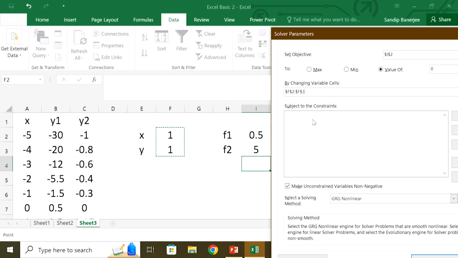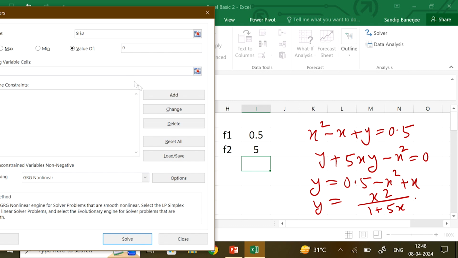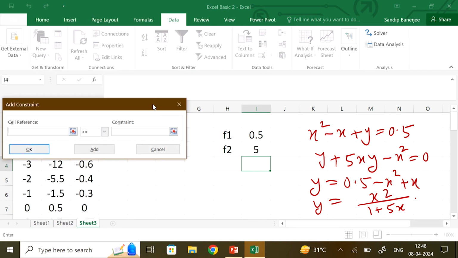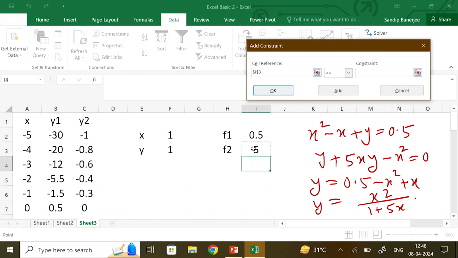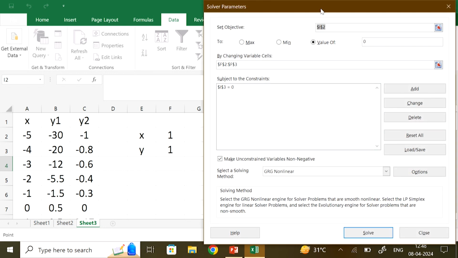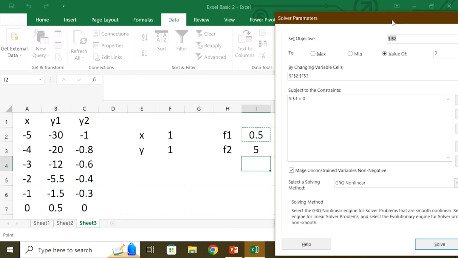Now, subject to the constraint, I have to add a constraint. The constraint is this f2, this is also equal to 0. I click OK, I get this back. So, now the objective is this f1 value should be 0 by changing the variable x equal to 1, y equal to 1, subject to the constraint f2 is also equal to 0.